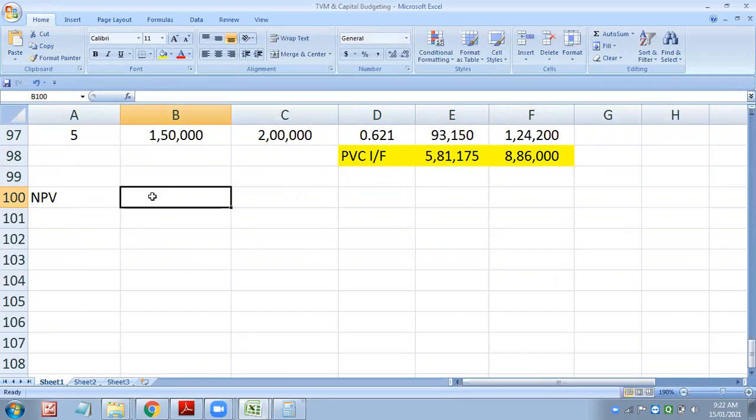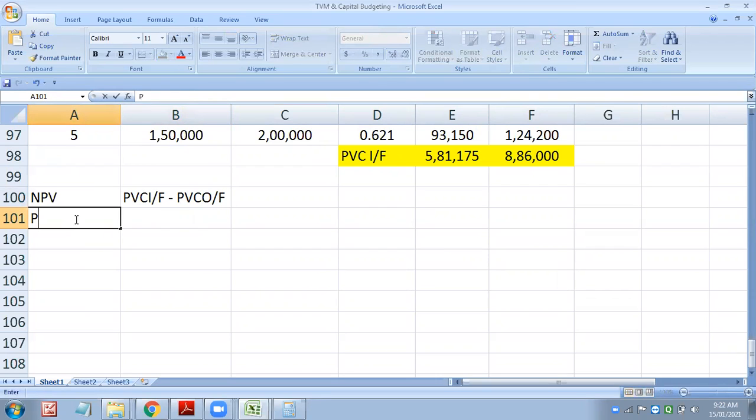The formula goes like this: present value of cash inflow, sorry, inflow minus present value of cash out.